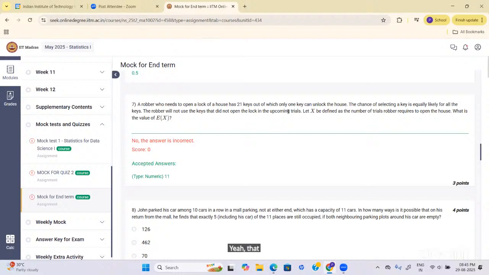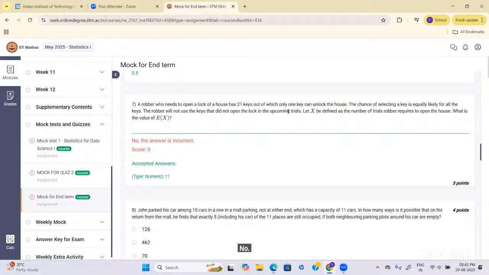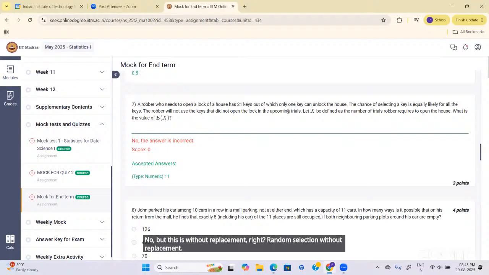Yeah, that's how you have to do this experiment. Then X equal to 1 will be 1 by 21, and X equal to 2 will be 20 by 21 into 1 by 20. But this is without replacement, right? Random selection without replacement.